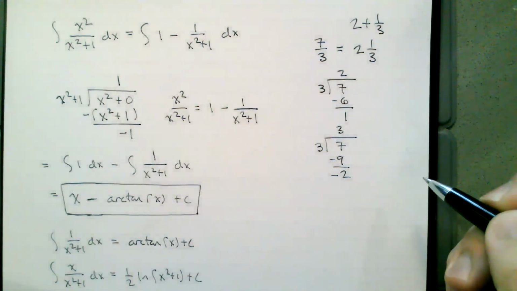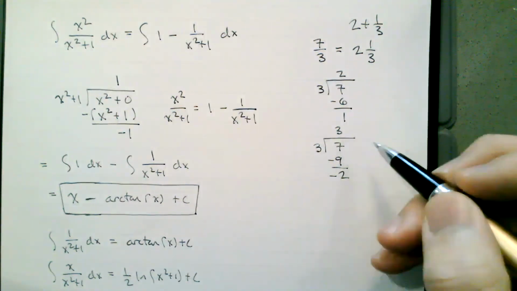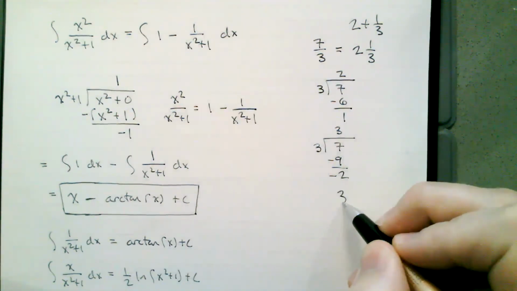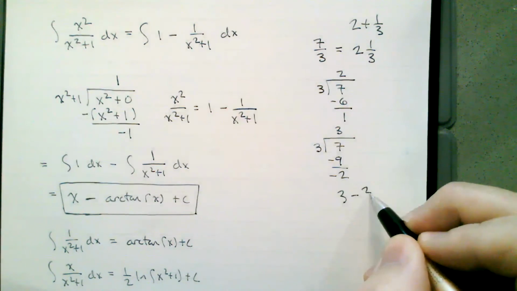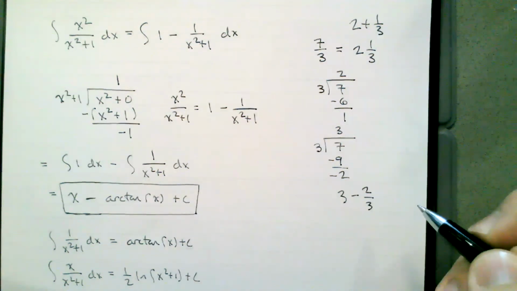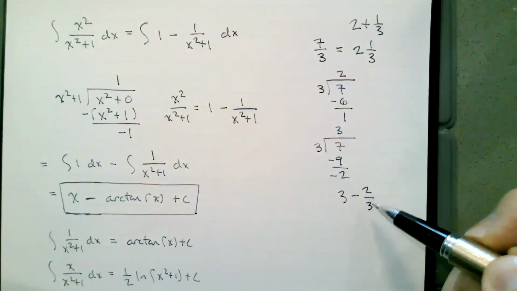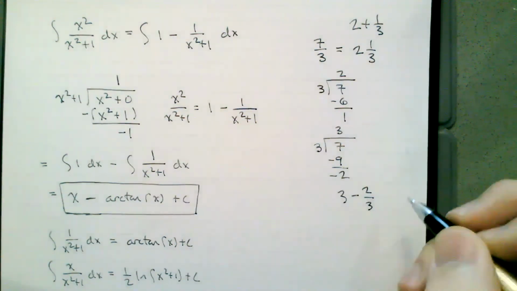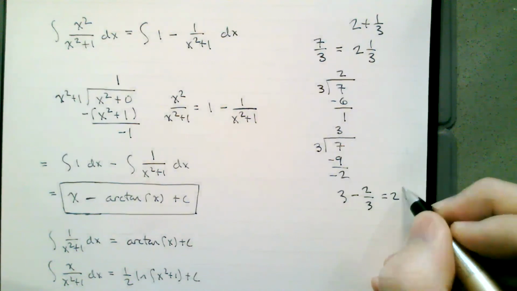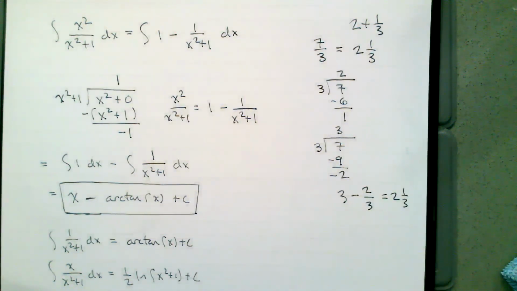So this doesn't look right. But if we take the whole number part of 3, and the remainder is a -2, instead of 2 and 1/3, we have 3 and -2/3. But 3 and -2/3 is just 2 and 1/3. So we didn't get it wrong. We're just writing it in some messed up way with subtraction.